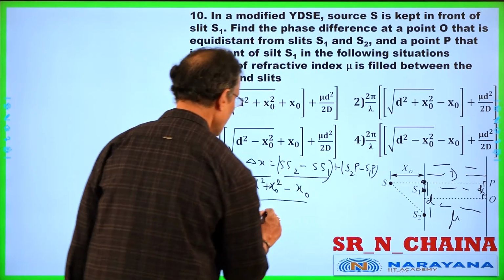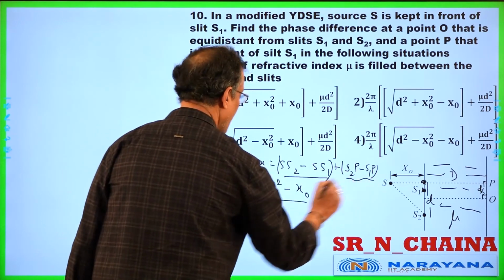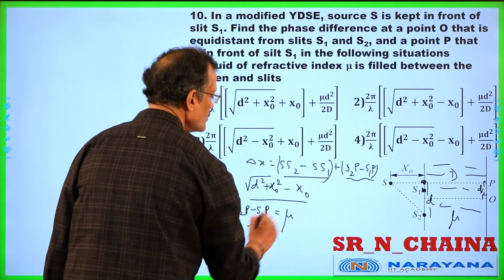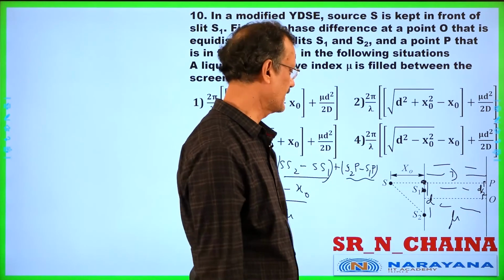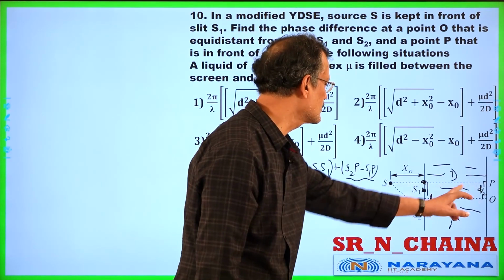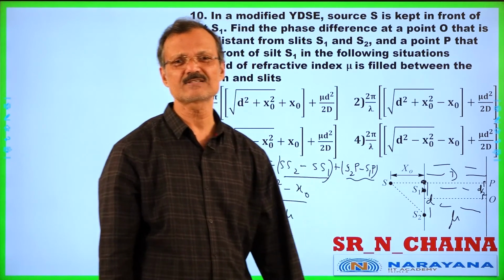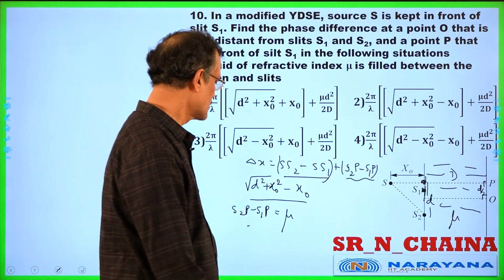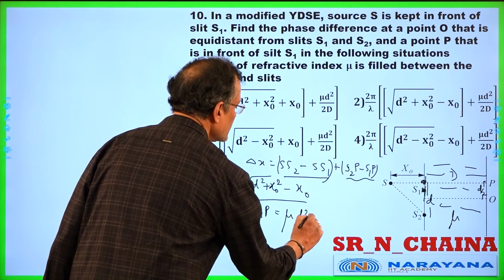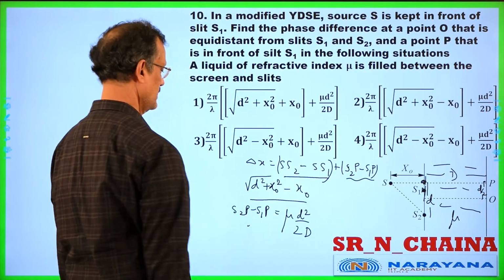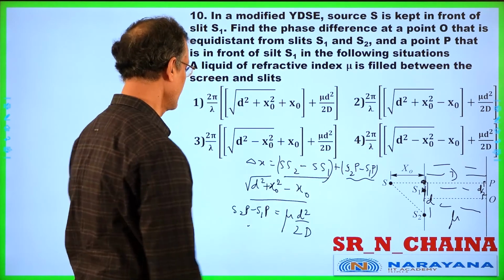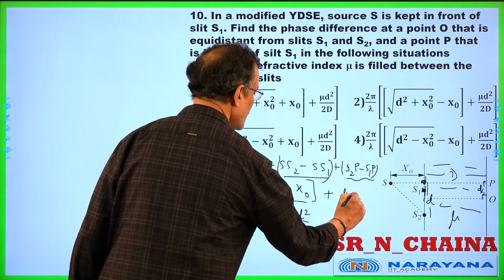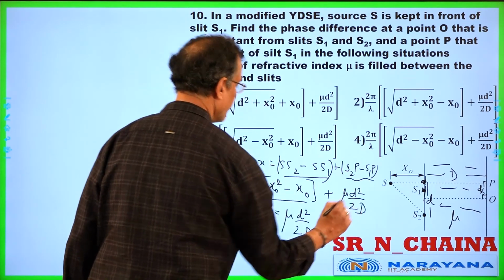So I'm writing here, this path S2P minus S1P will become mu times, because both rays are traveling in that, with geometric path difference S2P minus S1P, which is automatically d square by 2D, because this distance is d by 2. Clear? So this will become mu d square by 2D. Clear? The net path difference will be this plus mu d square by 2D.